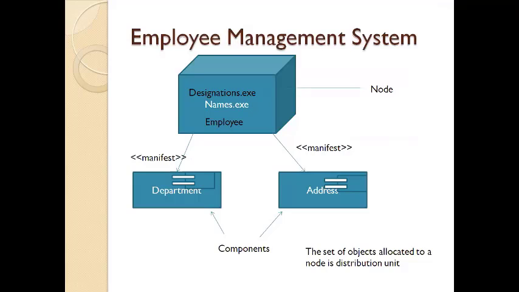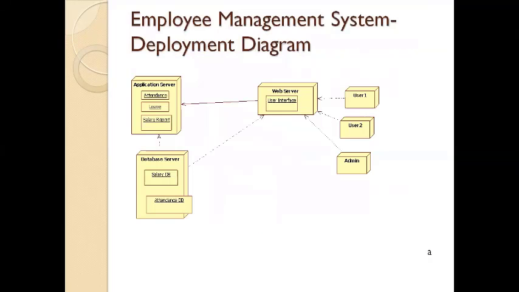These designations and names components will be used by the department and the address components. So these components will utilize whatever components are present in the employee node. The set of objects allocated to a node is the distribution unit. So whatever objects have been allocated to this node is called the distribution unit for that node.